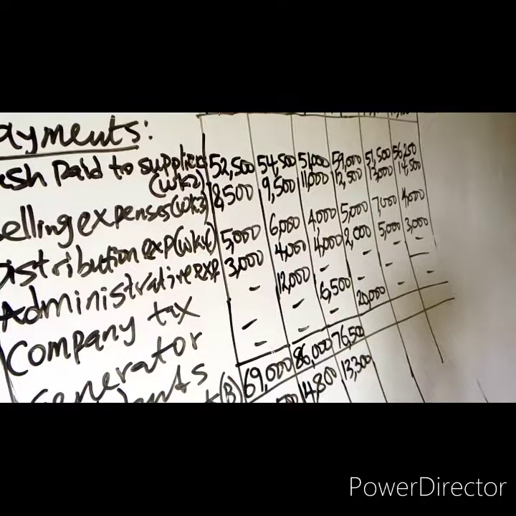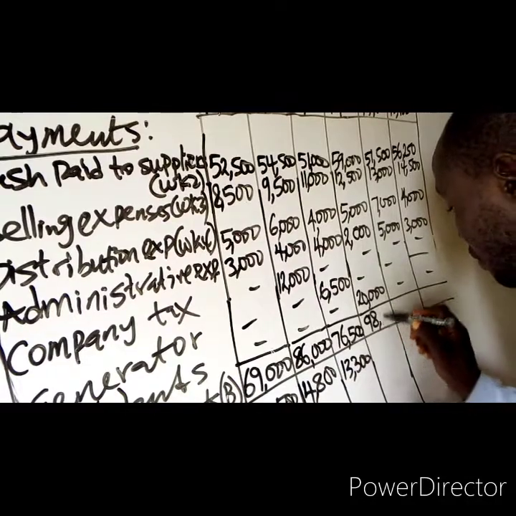13,300. Then for the month of April, let's sum up the payment. We have 59,000 plus 12,500 plus 5,000 plus 2,000 plus 20,000. Then the total payments for the month of April 2020 is 98,500.